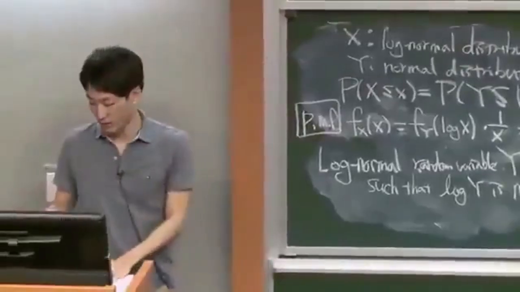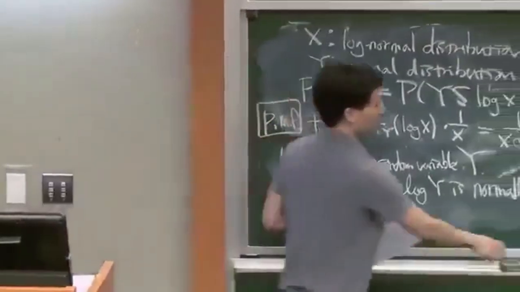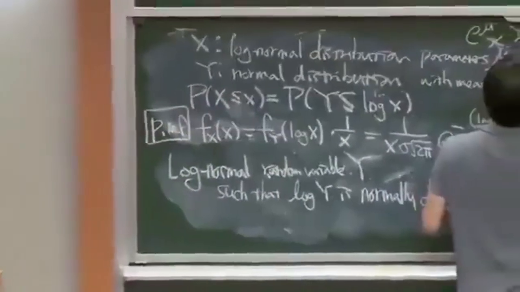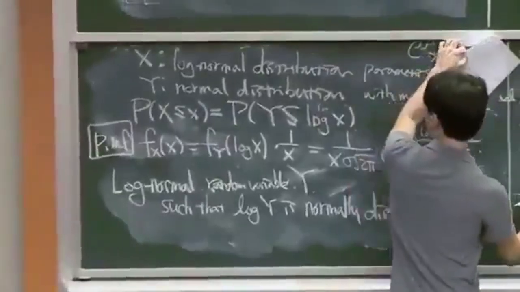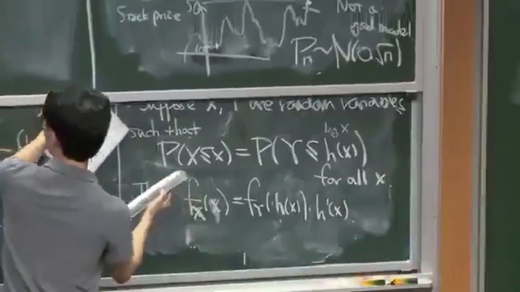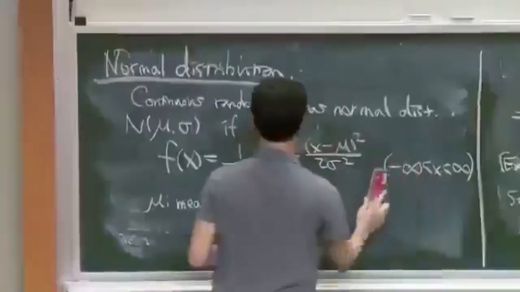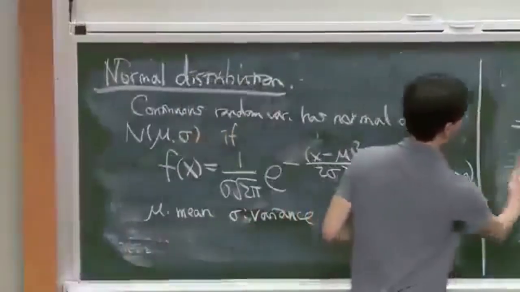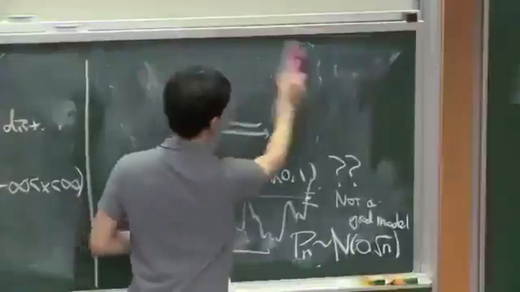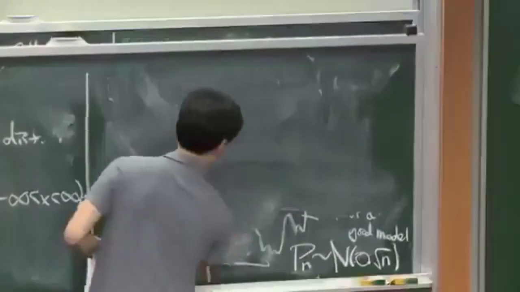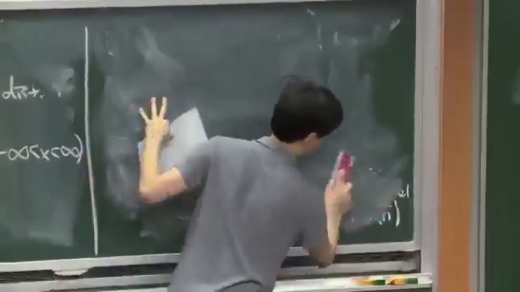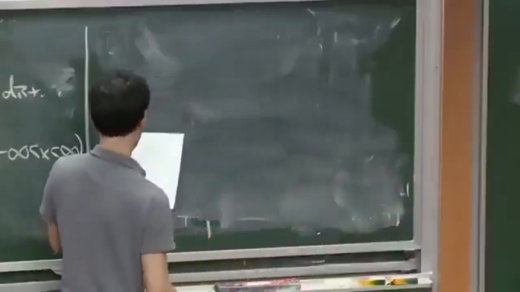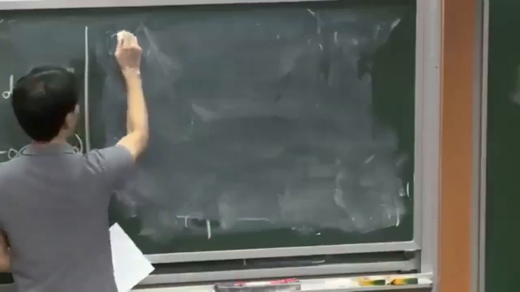The normal distribution and log normal distribution will probably be the distributions that you'll see the most throughout the course. But there are some other distributions that you'll also see, which we will not talk about in detail. There will be some exercise questions.